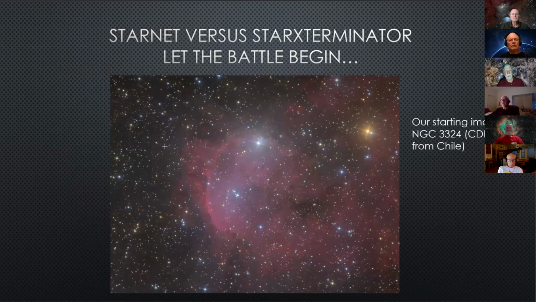Okay, so real quickly, let's look at the battle between StarNet and Star Exterminator. Here's the image I'm going to start with. Notice these big bright stars with spikes and lots of little stars.